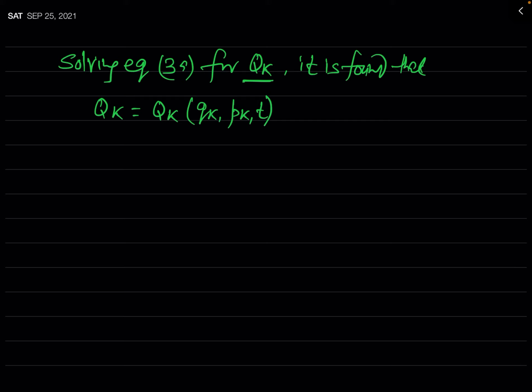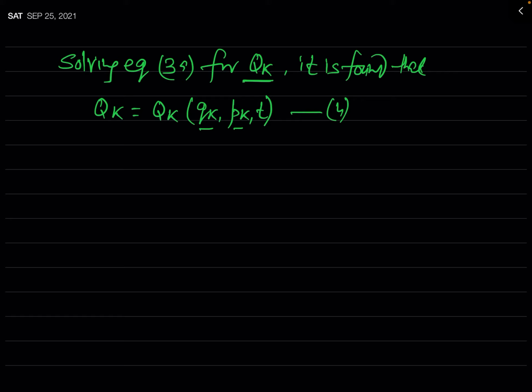And you know this is just a canonical transformation, because in canonical transformation we transform the small qk and small pk in terms of capital Qk and capital Pk. So this will be the first transformation equation.